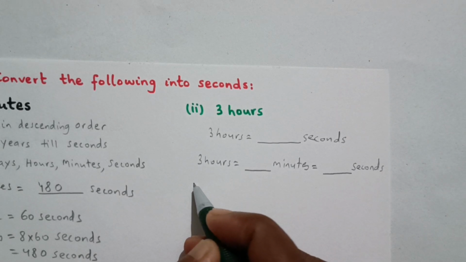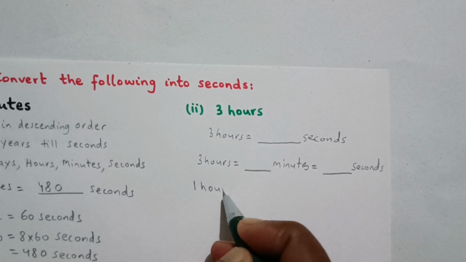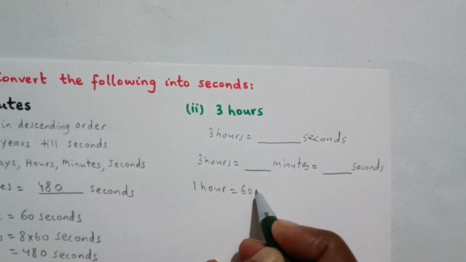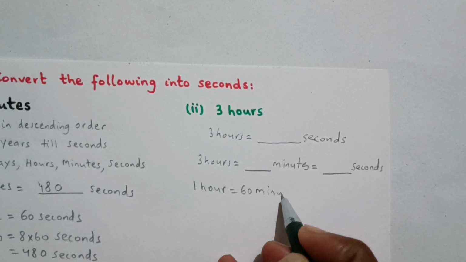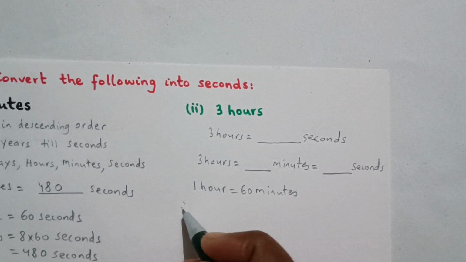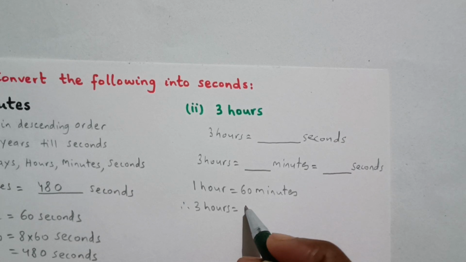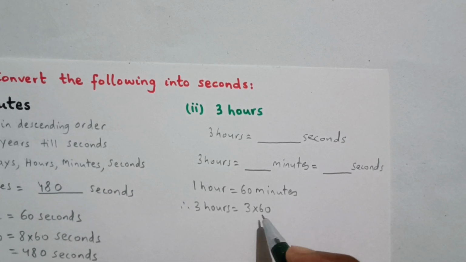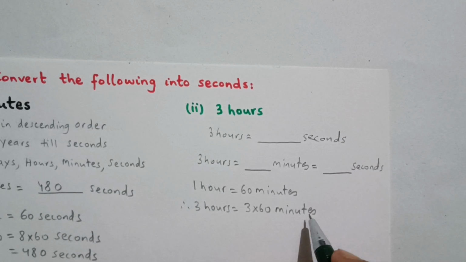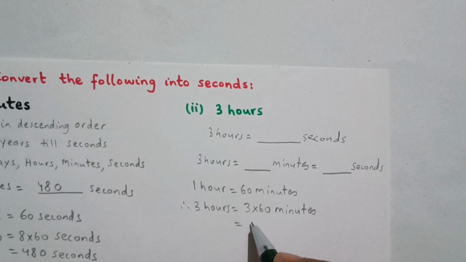So we know that 1 hour is 60 minutes. So therefore 3 hours will be 3 into 60, this many minutes. And what is 3 into 60? 3 into 6 is 18, and then add this 0.